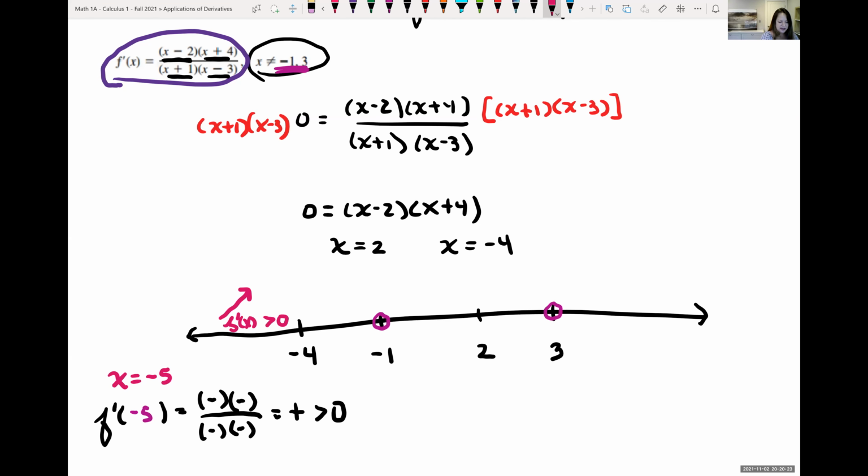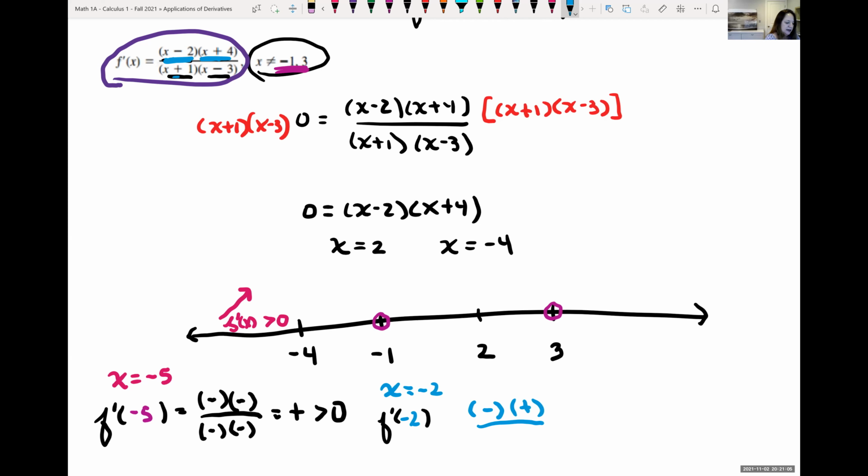So that tells me that my function is increasing on the left of -4. So let's look at what's happening between -4 and -1. Just choose some number between -4 and -1. How about x equals -2? If we plug this into the derivative function, I'm just trying to see, is our derivative positive or negative. If we plug -2 into the first parentheses in the numerator, -2 minus 2, that's negative. -2 plus 4, that's positive.